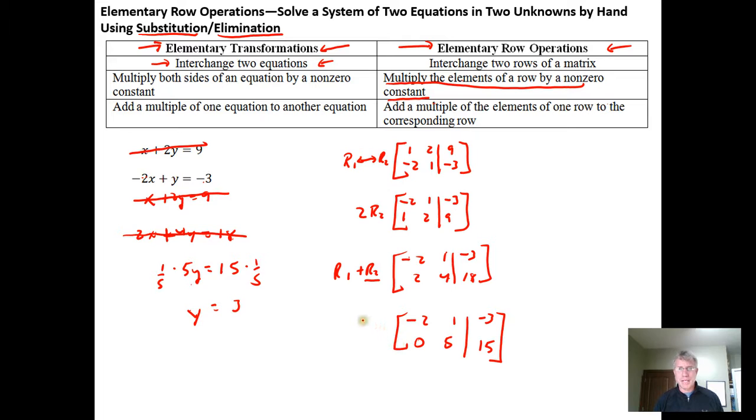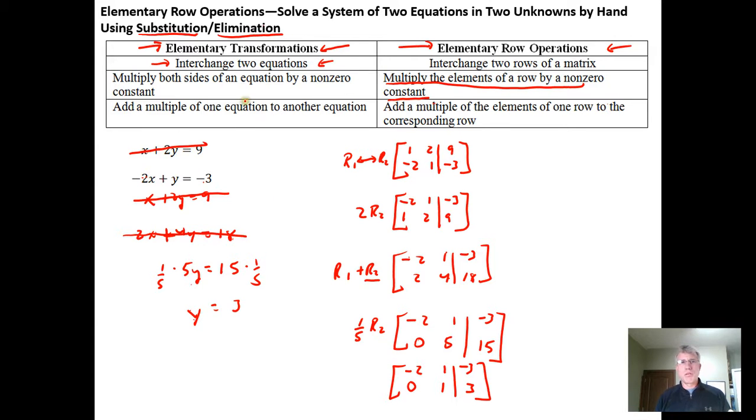Well, here what I could say is, hey, I'm going to take a fifth of row 2. So the result of doing 1/5 of row 2, it wouldn't impact the first row, but I would get 0, 1, and 3, corresponding to y equaling 3. So the gist of this video is to identify that when we're solving systems of equations, even in Algebra 1, Algebra 2, using the substitution and elimination methods that we learned back in high school, we were really applying transformations to the system.